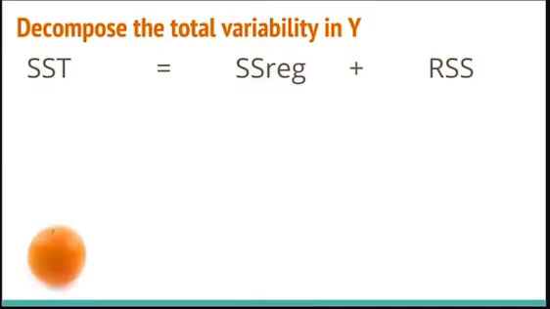SST is the total variation around the response variable Y, SSreg is the variation explained by the model or by X, while RSS is the variation in Y that cannot be explained by the model.